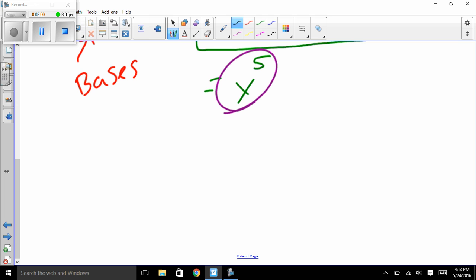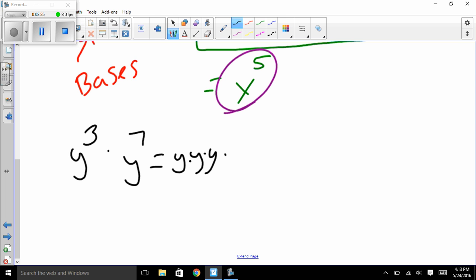Let's take a look at y to the 3rd times y to the 7th. If we expand that out for a second, I have 3 y's. Now remember, I don't need to add in those dots if I don't want to. Any variables just touching right next to each other with no operation sign being seen is just multiplication.